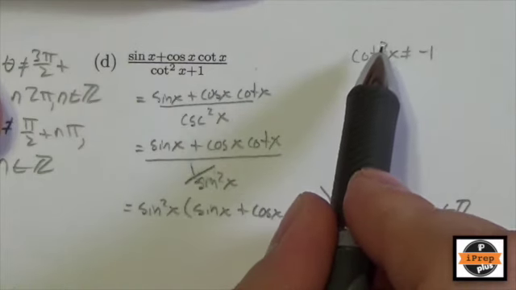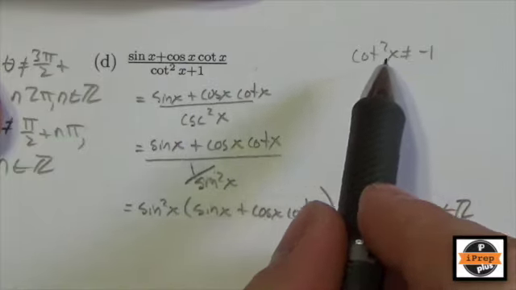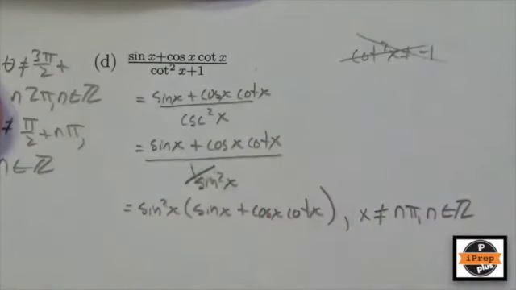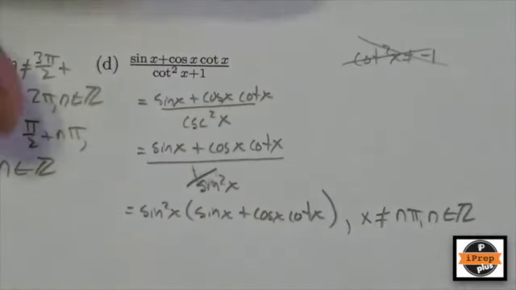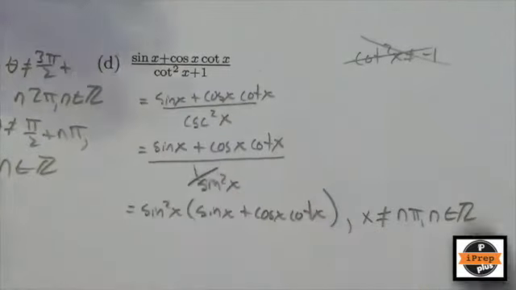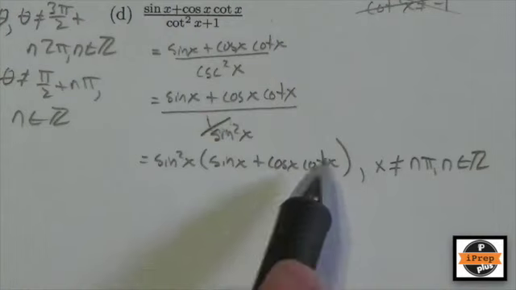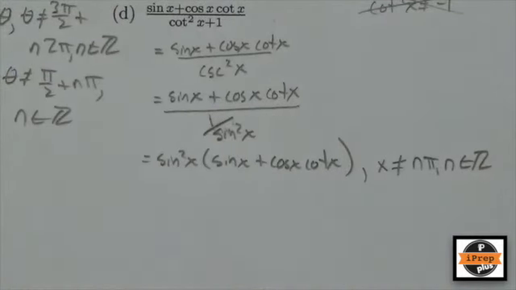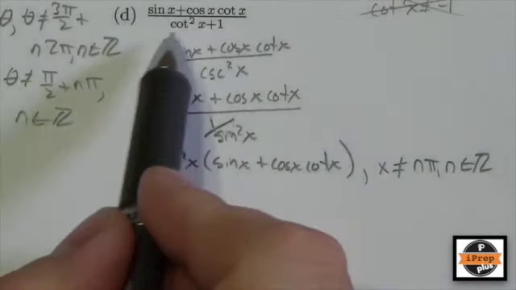Cotangent squared can't ever equal -1, not unless you start talking about imaginary numbers. And so this isn't even an issue. The denominator here doesn't go to 0. The only place that we have this non-permissible coming up is because cotangent itself has a non-permissible value. And that's actually what we're addressing here. Okay, and that's going to take into account this cotangent, sorry, not exactly, but that's where that's coming from.